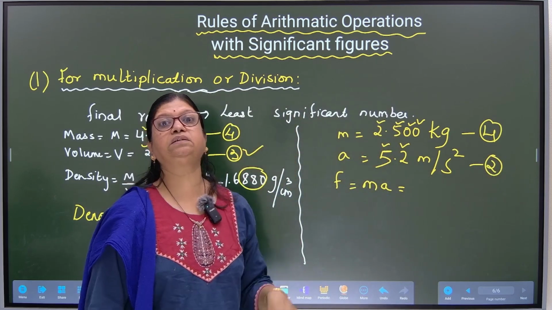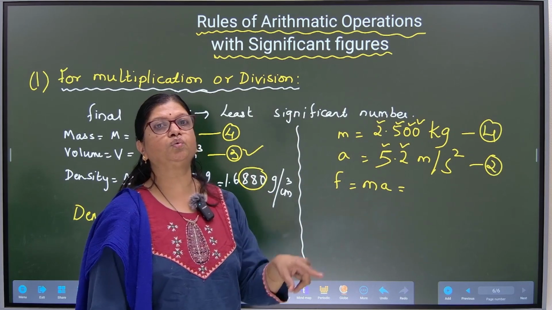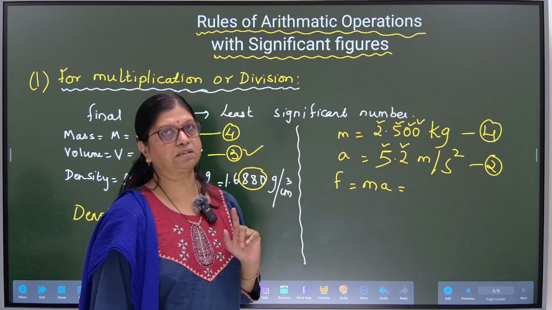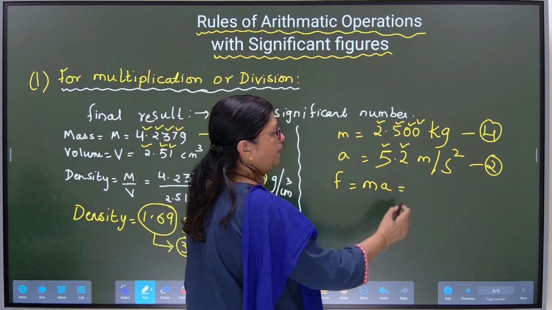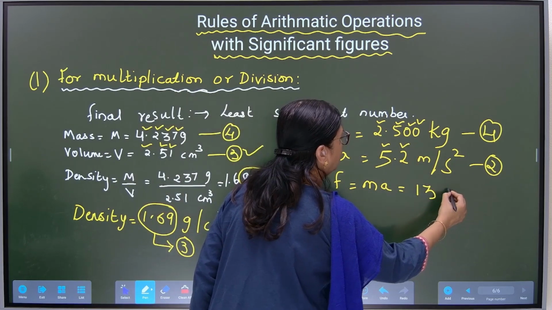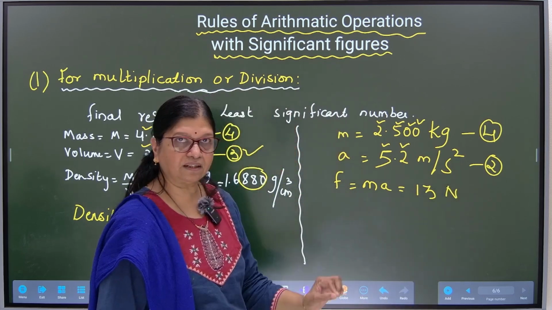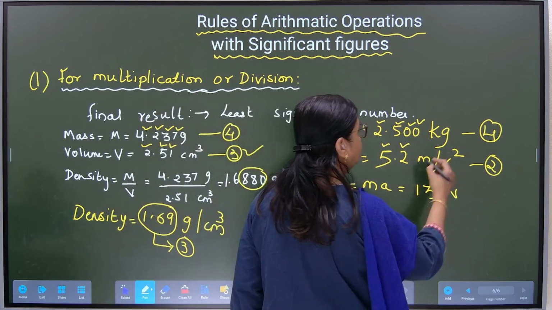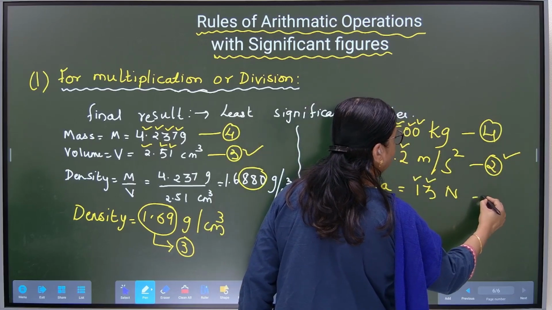So our answer also should have 2 significant figures. Fine? Okay. So if I multiply F is equal to MA, I get 13 newtons. So our answer is 13. Let us see, does it have 2 significant figures? Yes, it has 2 significant figures.